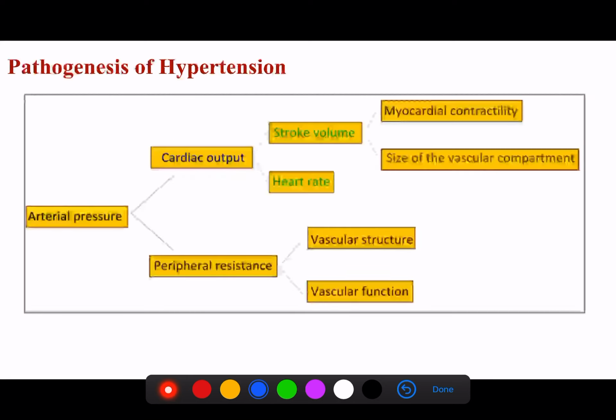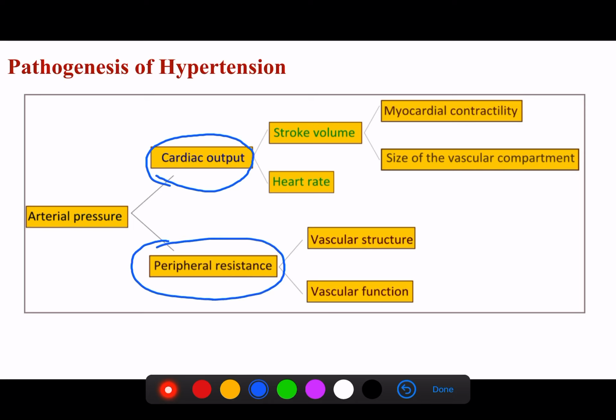The idiopathic hypertension may occur due to disturbance in the cardiac output or in the peripheral resistance. As we know, blood pressure is generated by cardiac output and peripheral resistance.